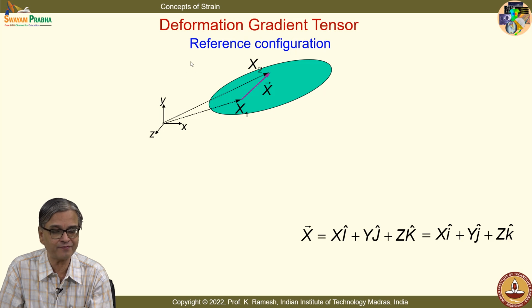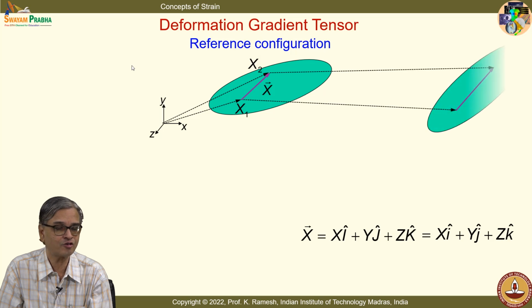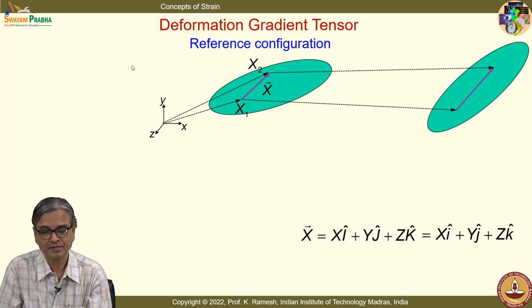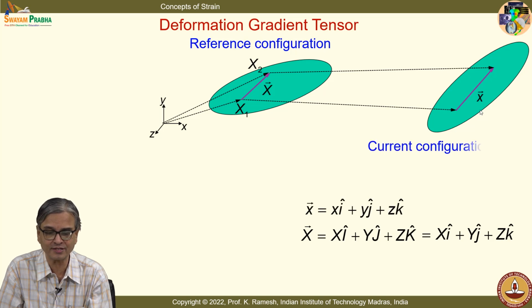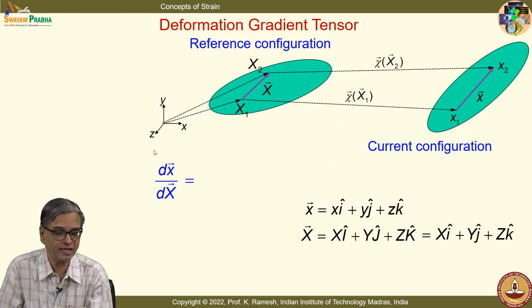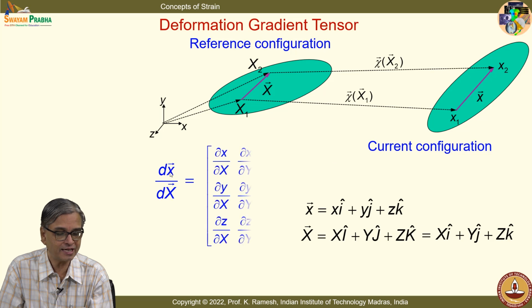So, there is a reference configuration and there is a current configuration that is given by the symbol C, and all small letters are used for this current configuration, and you have a displacement field, and you have what is known as dx.